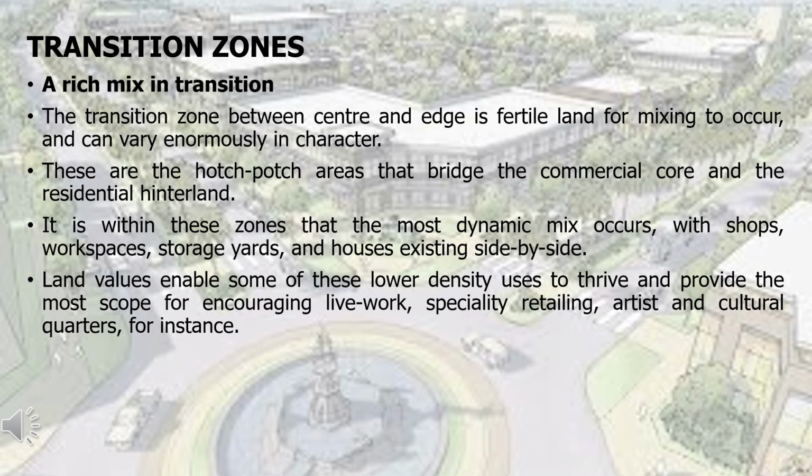So how do we do that? We plan them with shops, workspaces, storage yards, as well as housing existing side by side. Now, land values enable some of these lower density uses to thrive and provide the most scope for encouraging live-work, specialty retailing, artists and cultural quarters, for example.